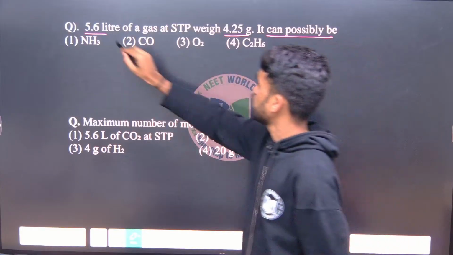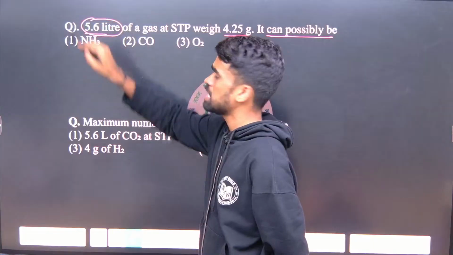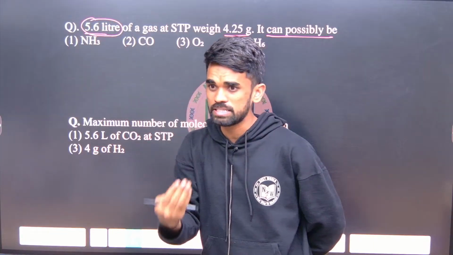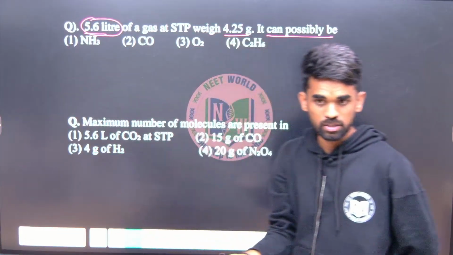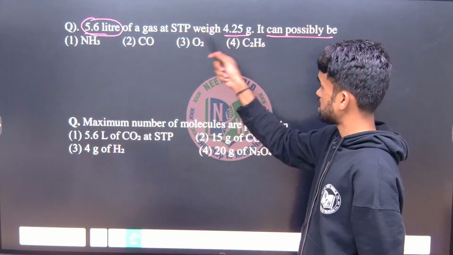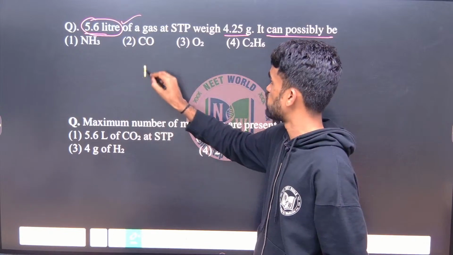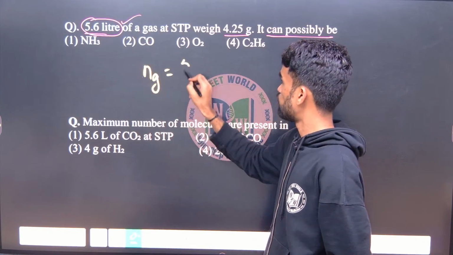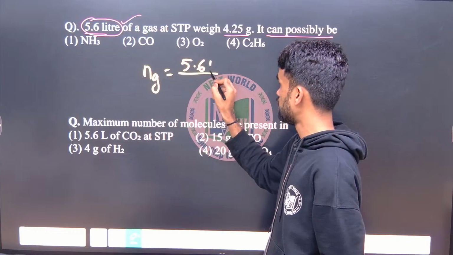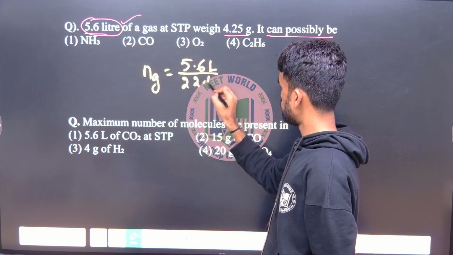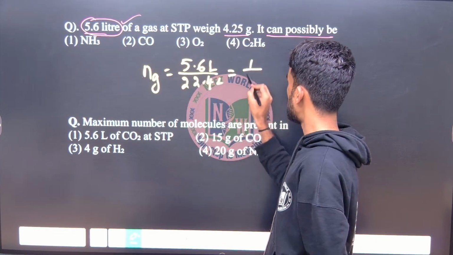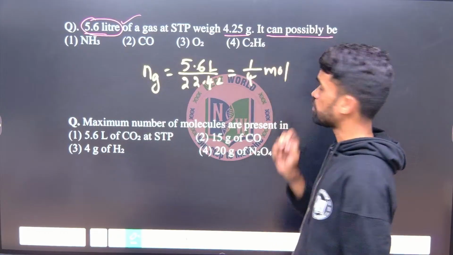So now try to find, 5.6 liters means what is the number of moles we can get from it. At STP they are saying now. So number of moles of that gas is equals to 5.6, given volume, by 22.4 liter. So you get 1 by 4 mole of that gas.